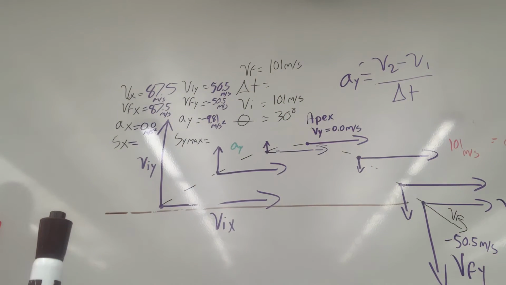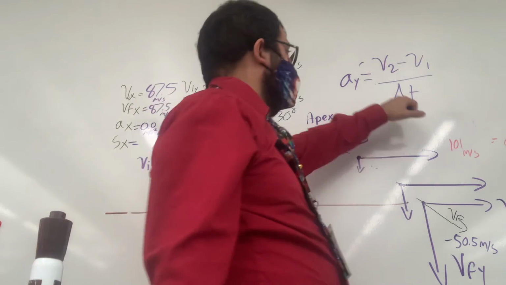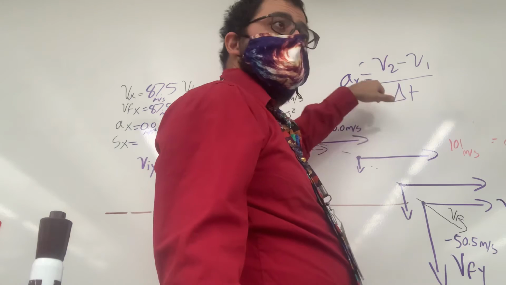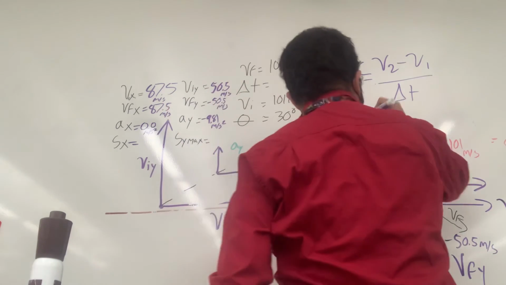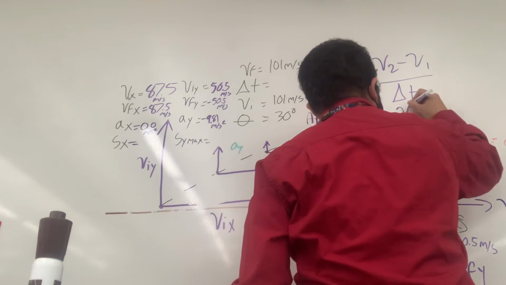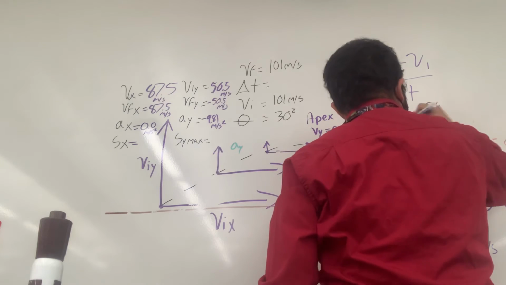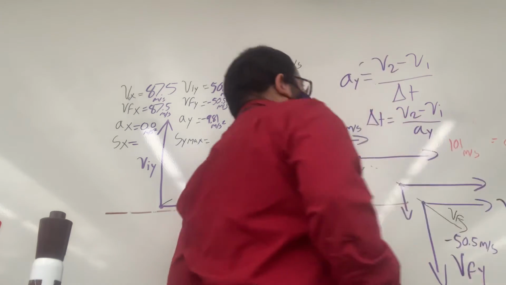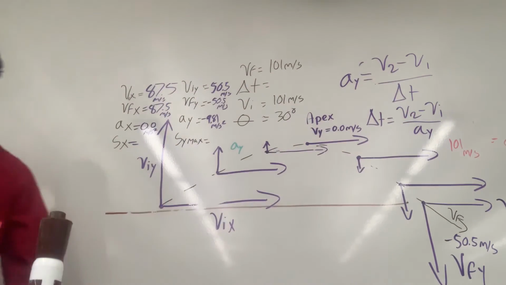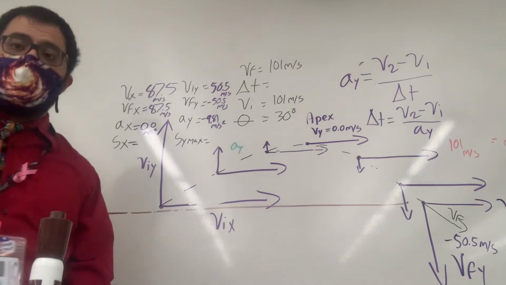Rearrange the formula. Time is multiplied on both sides, divide by a on both sides. You get the change in time is equal to v2 minus v1 over the acceleration in the y. Make sense?